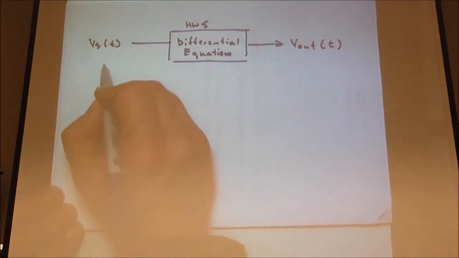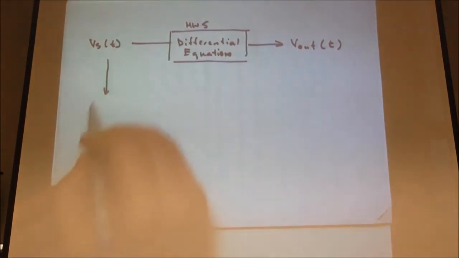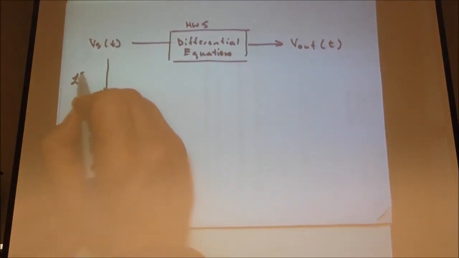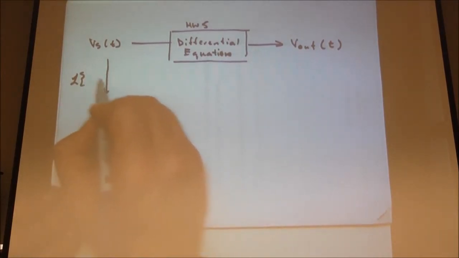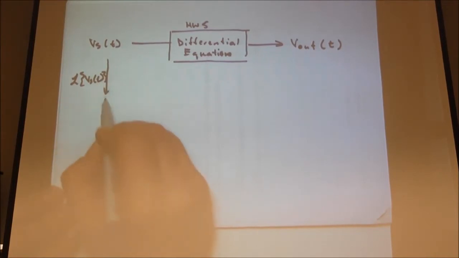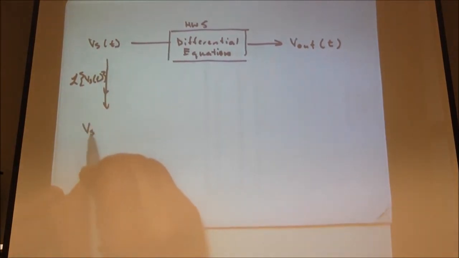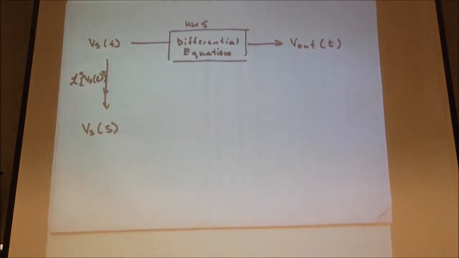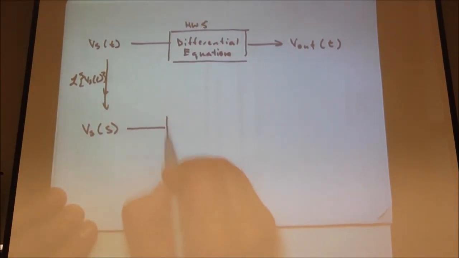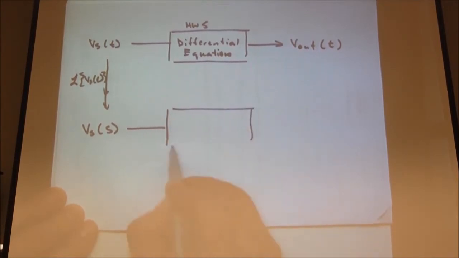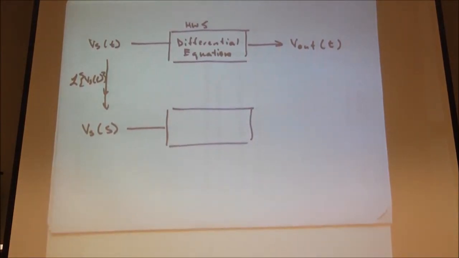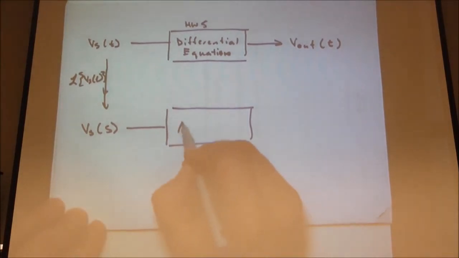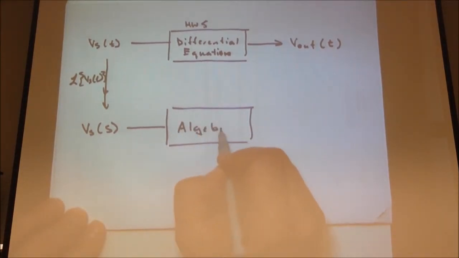But there's another approach. We could take this source, take the Laplace transform of the source, and then we get a V source of s. So just a mathematical equivalent in the s domain. And instead of deriving the differential equation, which I know you enjoy, all we have to do here is algebra.